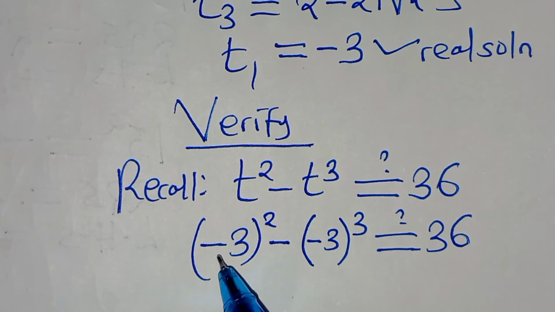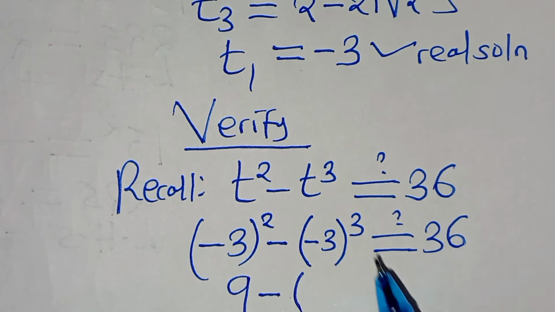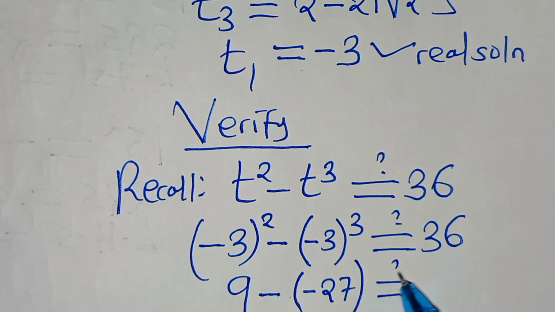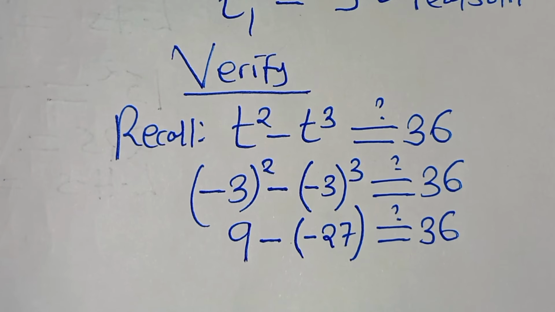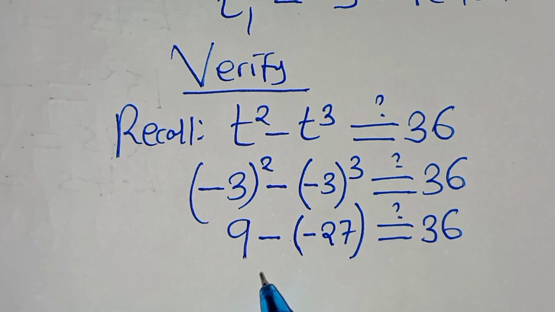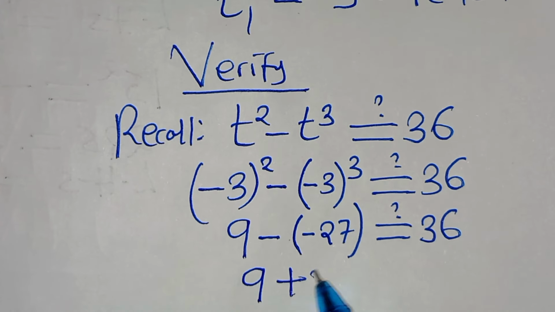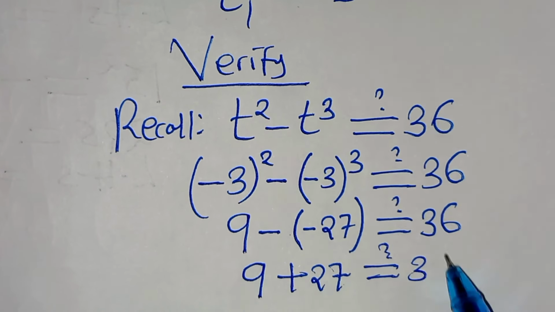So we have minus 3 squared, which is 9, then subtract minus 3 to the power of 3, which is minus 27. So this implies we have 9 minus times minus 27, which is plus 27.